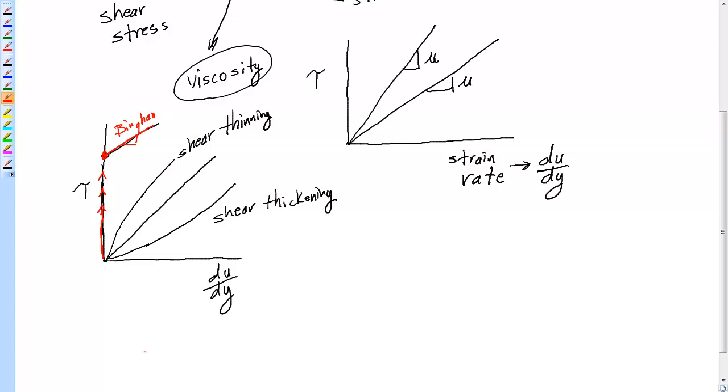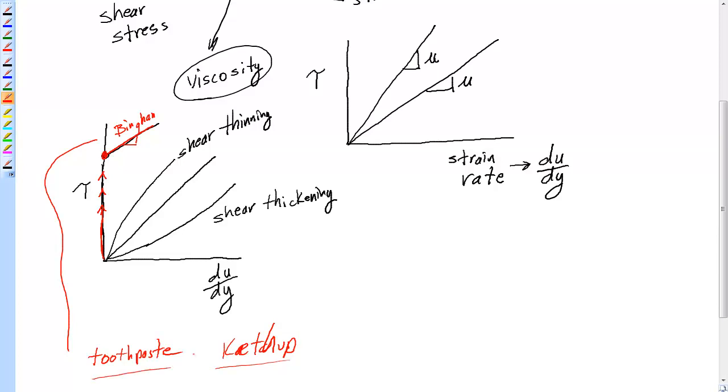Now, typical cases of Bingham plastics would be toothpaste. You open that toothpaste, turn it upside down, nothing happens. Then you start squeezing the tube, and out comes toothpaste. Ketchup. Turn it upside down, you've got to squeeze it to have it come out of the bottle.